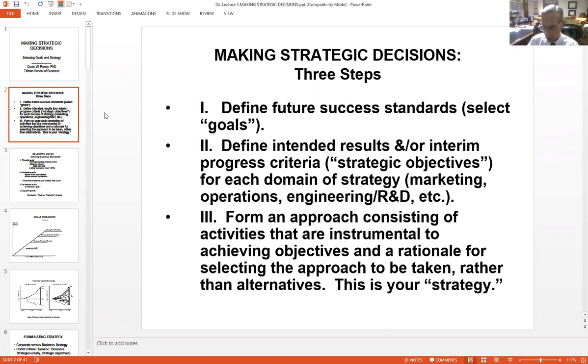Now, earlier in the course, we broke down the 3 stages of strategic planning that occur after a mission has been selected. And of course, that doesn't happen very often, but missions do change.